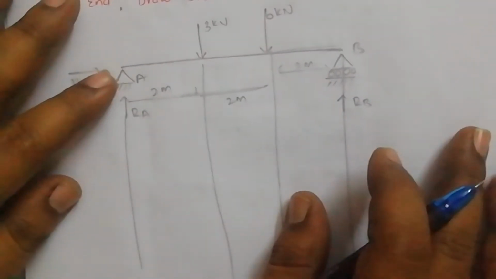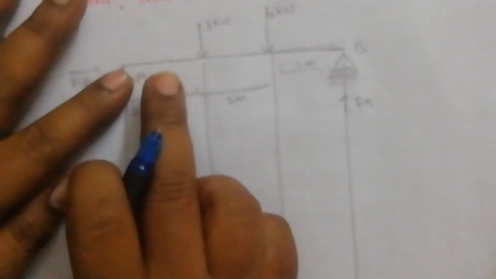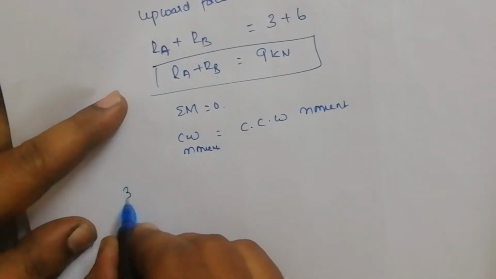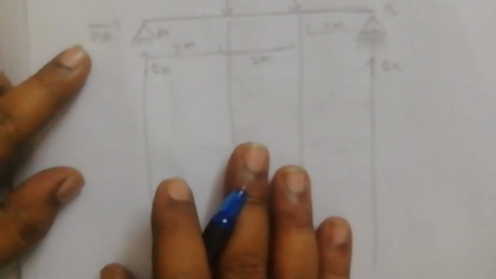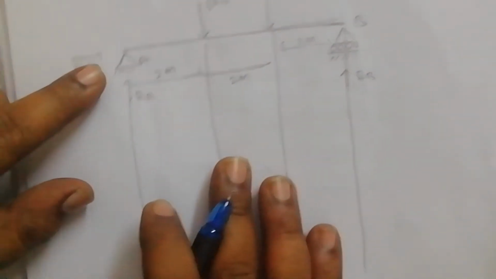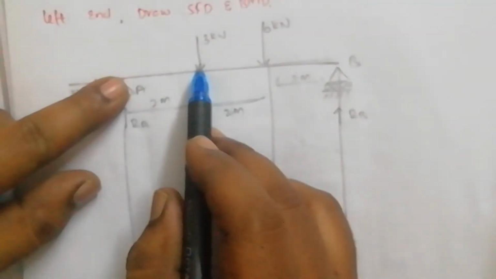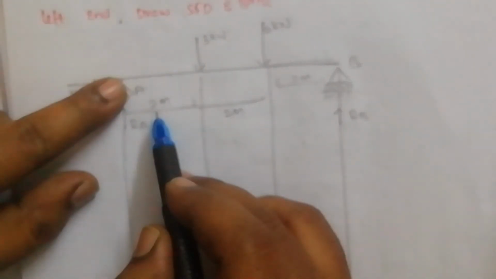What does moment generally mean? Moment is force into distance. So clockwise distance means 3 into 2, because we are taking moment about A. So you can write moment about A is equal to 0. Now I am taking moment about point A. Moment about point A because of the 3 load is 3 into 2, which is 6.